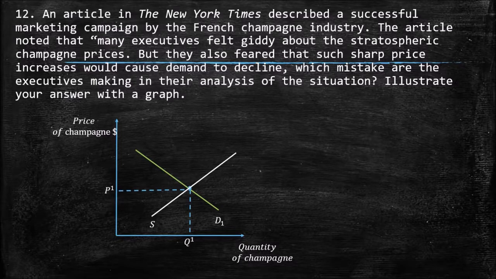So imagine that there is a successful marketing campaign. What does it mean? It means that there is an increase in demand because more people see the champagne. There's going to be a change in tastes because more people would like to consume it. So there's going to be an increase in demand, a shift to the right.